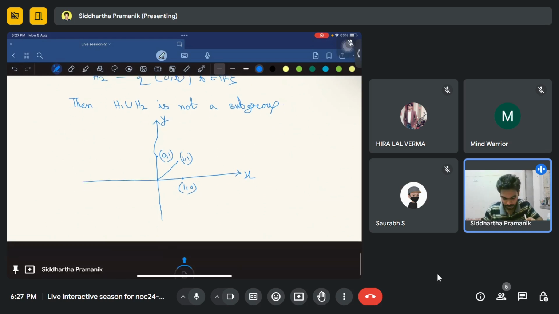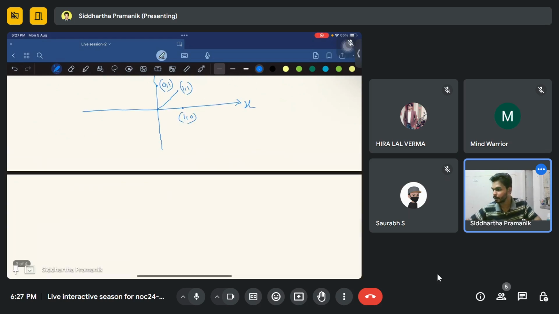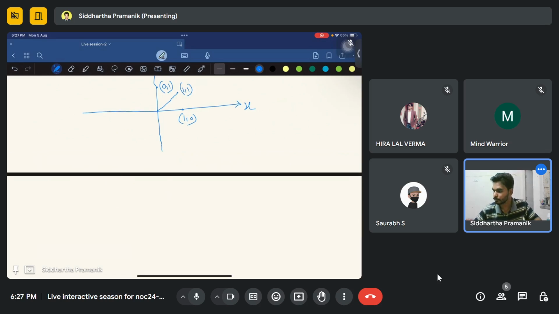So you can write down the details. Let me do a very interesting problem about subgroups. We all have heard about the group of rational numbers under addition, right? So let me write down the problem. Suppose H and K are two non-trivial subgroups.